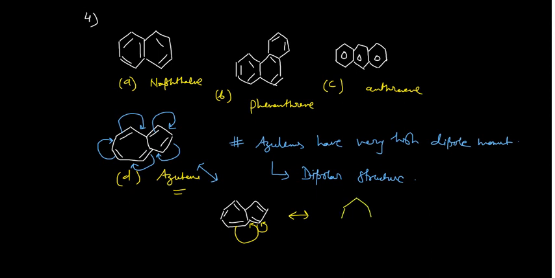This is the 7-membered ring, and this is your 5-membered ring. So this is the double bond which is present here, and this is the double bond which is present here. And when the electron moves, this double bond is here, and this will get a negative charge, and here this will get the positive charge.